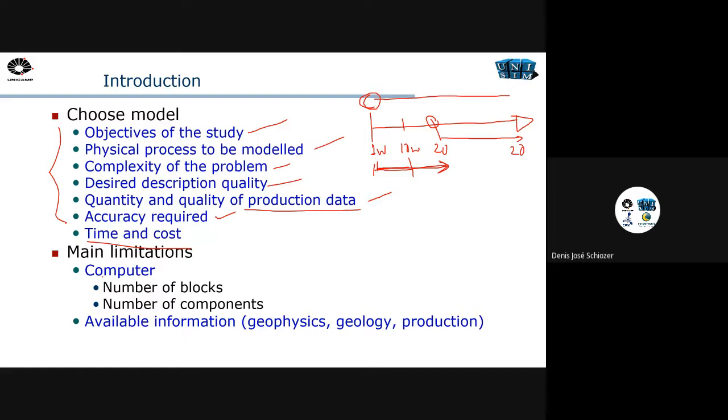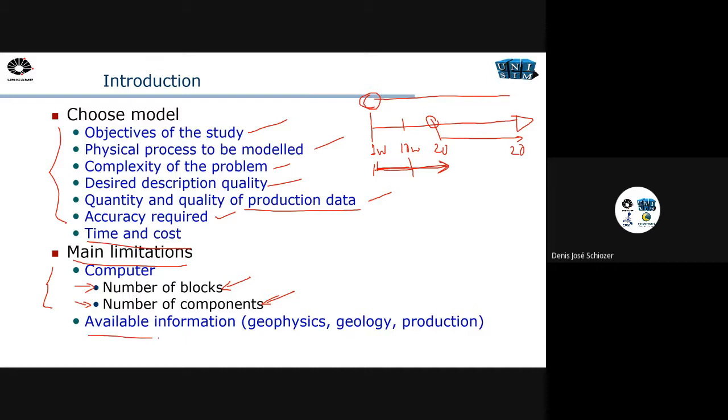Okay, the number of simulations function and limitations are a function of number of blocks and number of components, of course, because the components will represent the fluids and the blocks will represent the rocks. So if you have less blocks and less components, we have less limitation and less precise answers, okay?